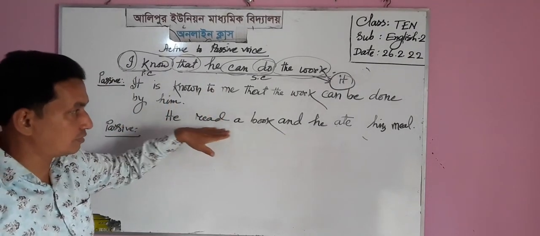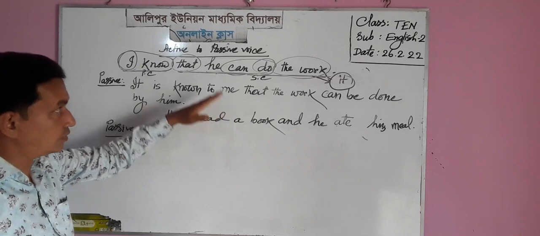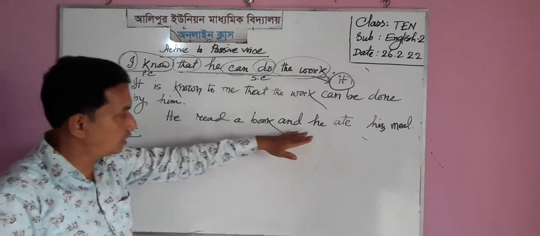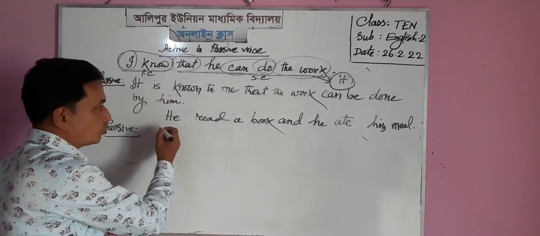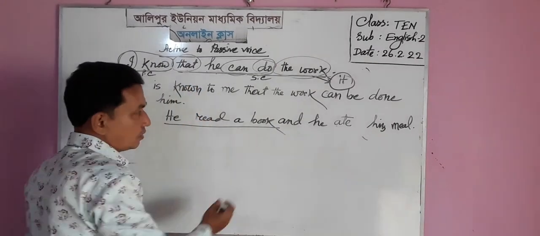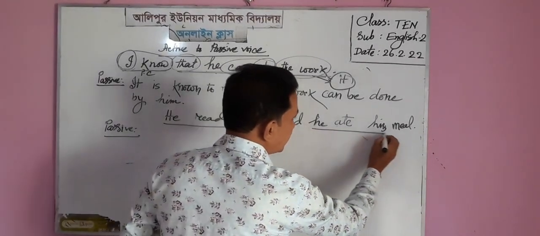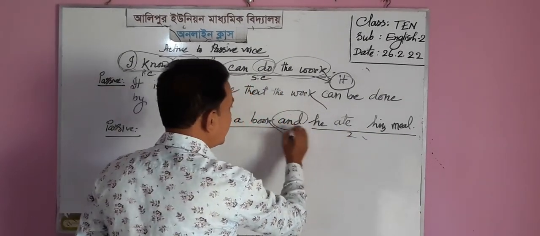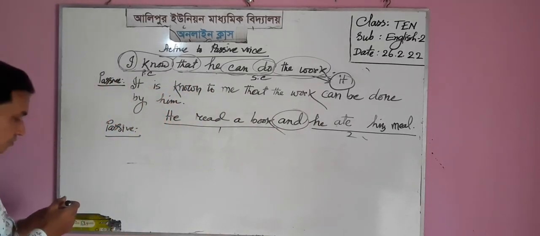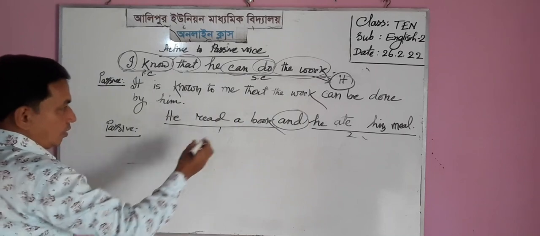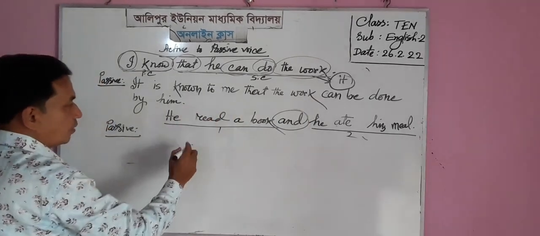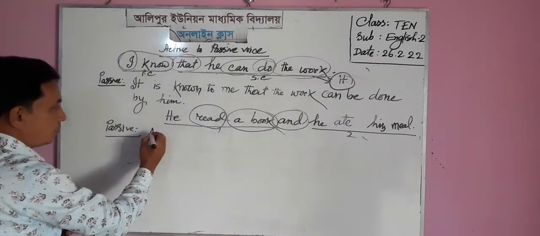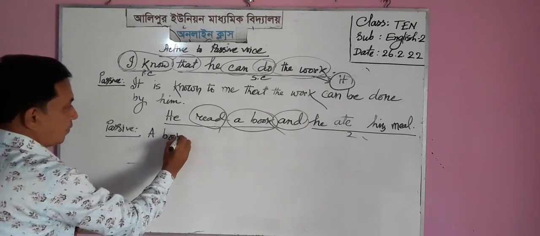There are two principal clauses in this sentence, and when we change active to passive in this sentence, we must change both parts. He read a book is one part, and he ate his meal is another part. They are combined by and. That's why we have to change this sentence separately. First of all, he read a book. This part has a finite verb and an object, so the object will be written first: a book.